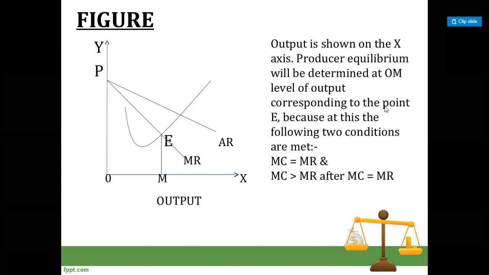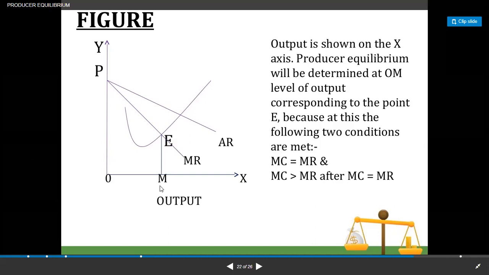Producer equilibrium is determined at the OM level, corresponding to the point E. This is where the MR and MC curves meet each other.